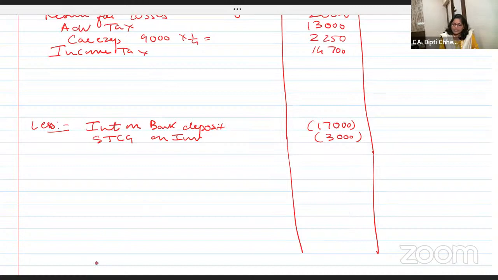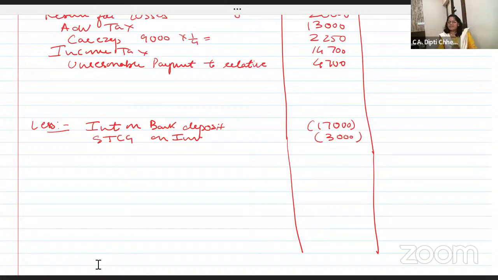So 4,700 we will add back. Unreasonable payment to relative, 4,700. Salary income includes 21,000 paid to employee in cash, 100% disallowed.